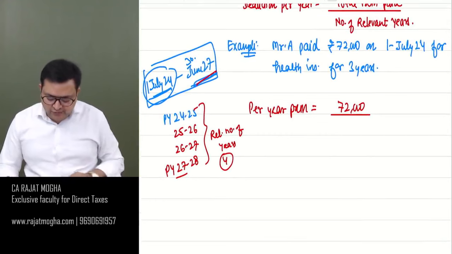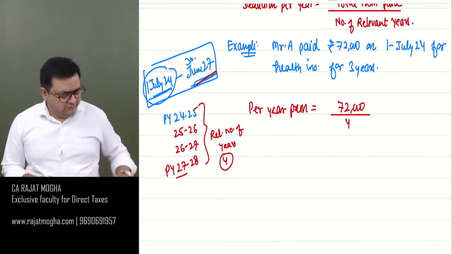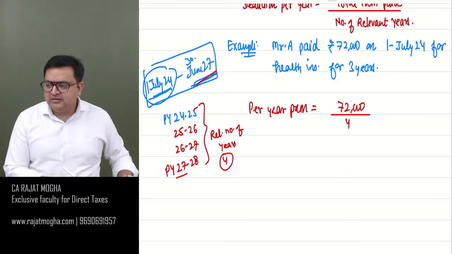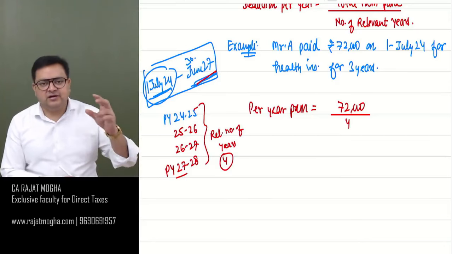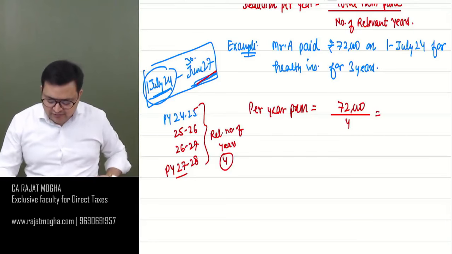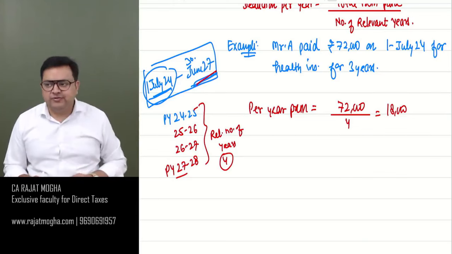So you have to divide it by not 3 but 4. This is quite tricky. Most of the students divide it by 3. They say that this is a 3 years policy. But you have to divide it by the number of relevant previous years, that is how many previous years are getting affected. Divide by 4. So it would be 18,000 rupees per year, not 24,000 rupees.